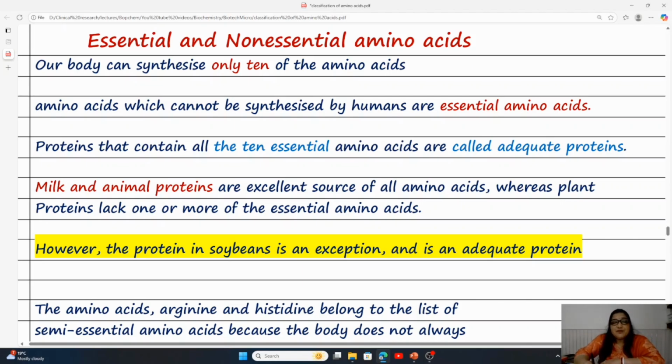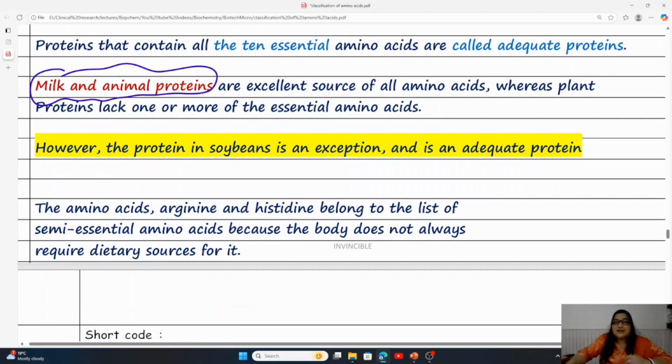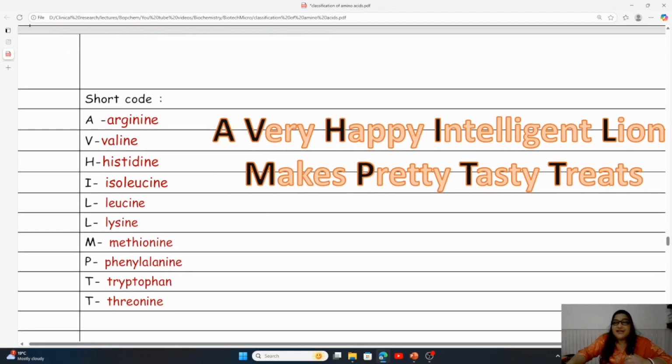Milk and animal proteins are adequate proteins, but plant proteins are not considered adequate because they do not contain all the essential amino acids. The protein in soybean is an exception, of course. It is an adequate protein. The essential amino acids are arginine, valine, histidine, isoleucine, leucine, lysine, methionine, phenylalanine, tryptophan, and threonine.